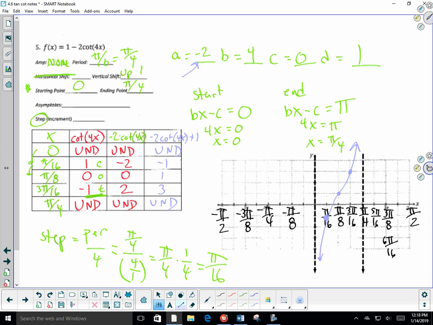It looks to me like we could put our next, let's see, how many jumps do we have? 1, 2, 3, 4 jumps. I go 4 jumps over to put my next vertical asymptote, and that would be here at pi over 2. And if I do the same thing over here, I could have another vertical asymptote at negative pi over 4, and I could fill in these values here with those same points.